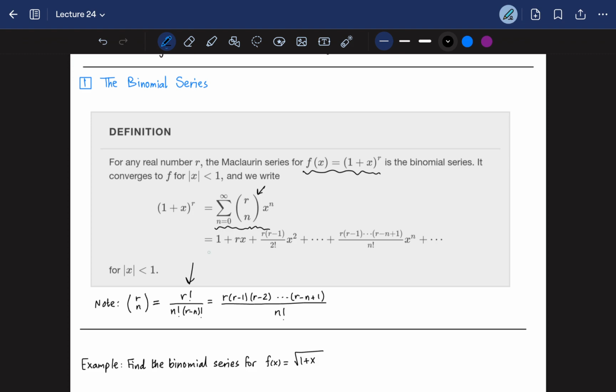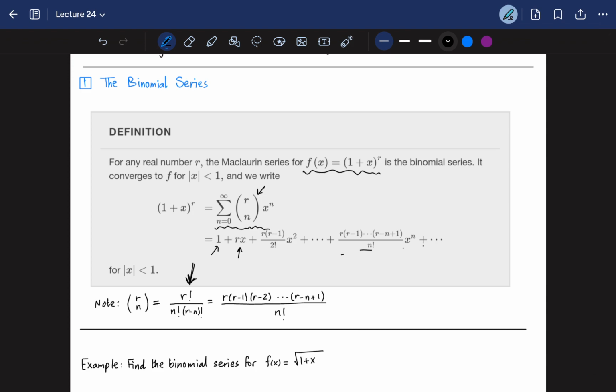Now if we look at the expanded form for this series, it's going to be 1 plus r times x, plus r times r minus 1 over 2 factorial times x squared, and so on up to n, up to infinity. It's just a formula that you should know. It's not too difficult.